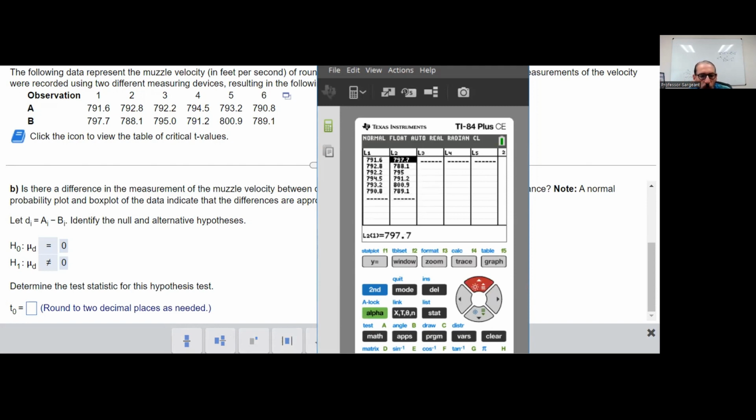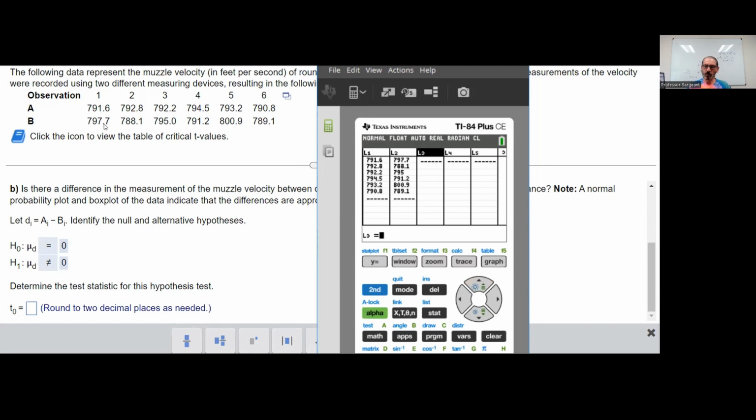Okay, so we're supposed to be doing the differences where we subtract measurements from device A minus the measurements from device B, because that's the way the author set up the question. If we reverse that, everything would have opposite sign. We could get to the same conclusion if we're consistent about that order of subtraction.